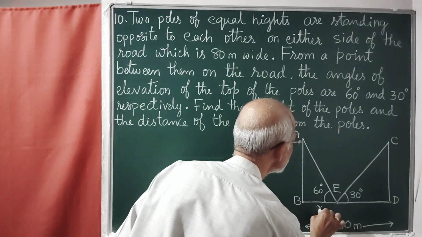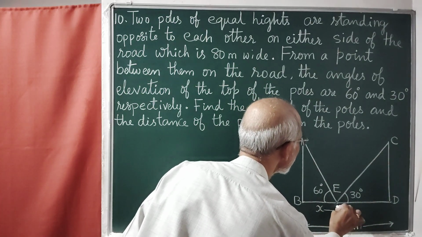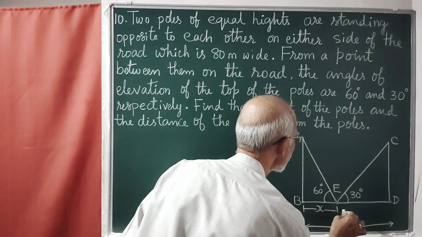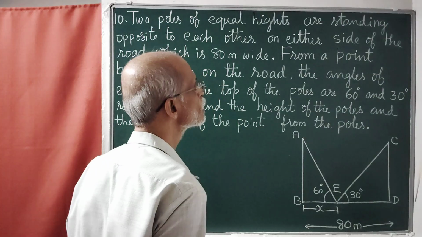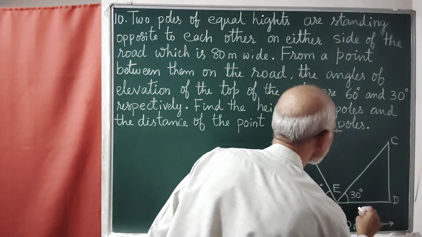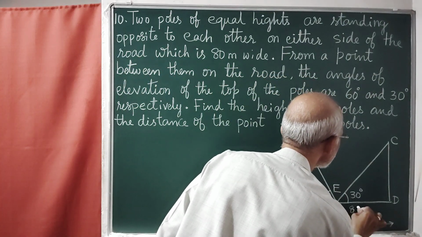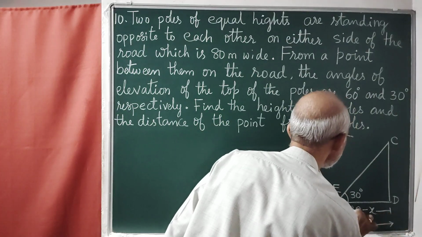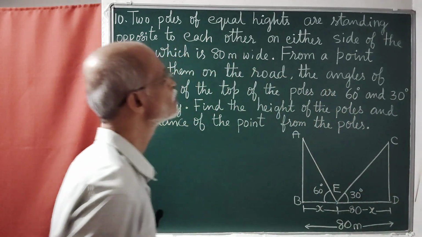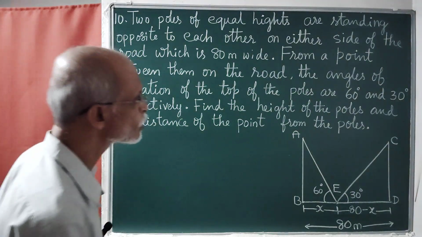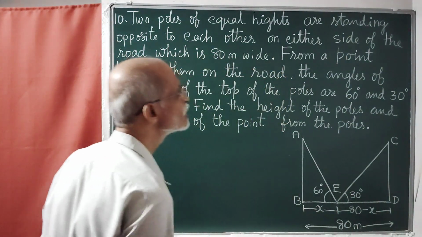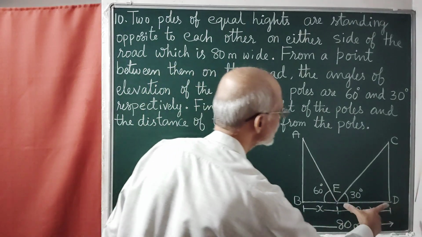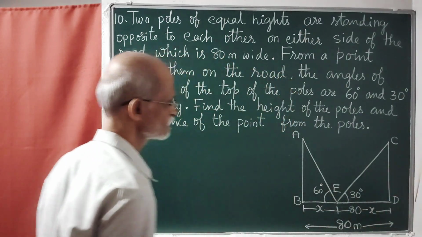So this distance will be 80 minus x. The road is 80 meters. The distance BE is x meters; if I take it as x meters, ED will be 80 minus x meters.